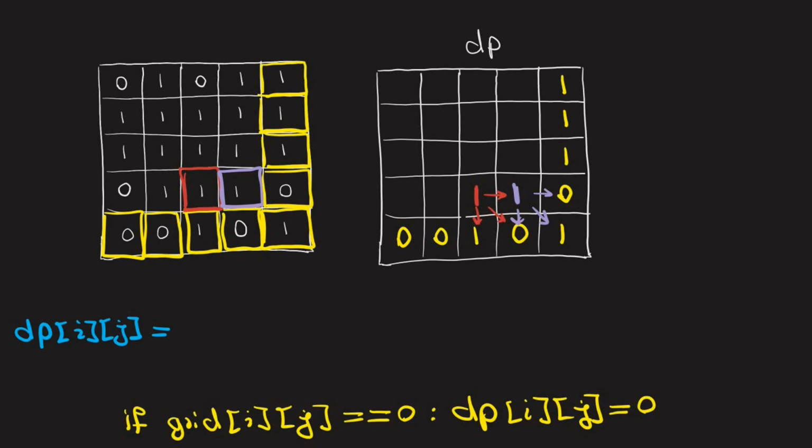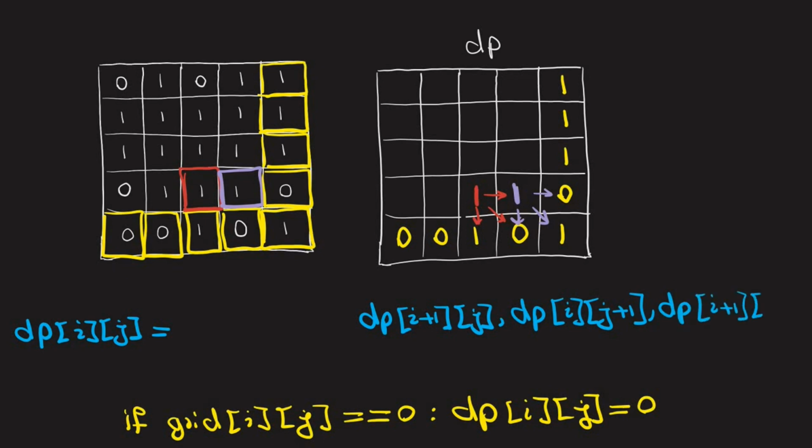So I'm considering dp of i plus 1 j, so 1 row down, same column. I'm considering dp of i j plus 1, same row, 1 column forward, and diagonal element i plus 1 j plus 1. So I'm considering these 3 elements. Okay, let's go forward and create our formula gradually.